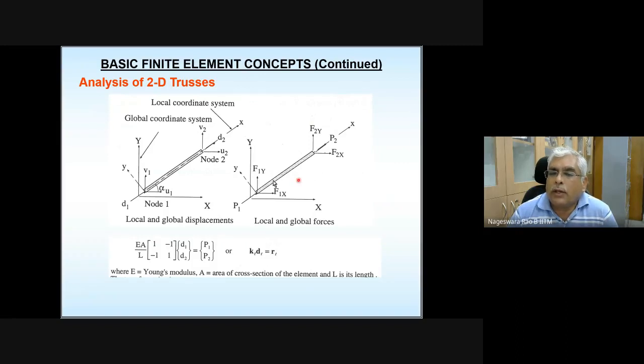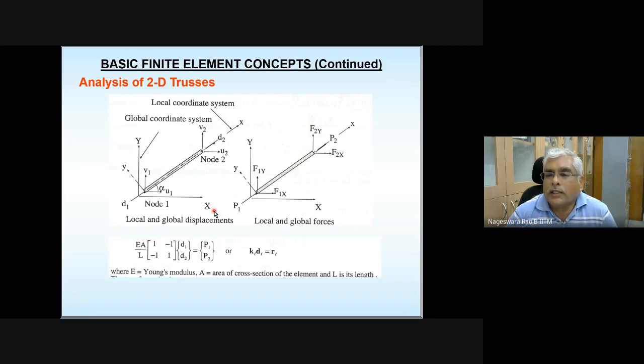If you have a local coordinate system denoted with small x, small y, which is inclined with respect to the global coordinate system, from the coordinate geometry which you must have studied in high school mathematics, what is the relationship between small x, small y, capital X, capital Y?